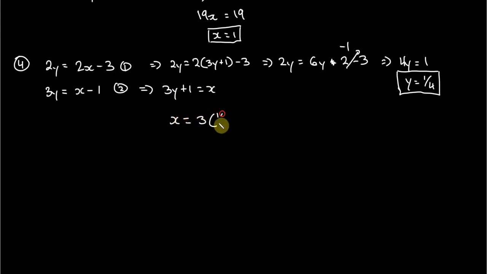Well, we know y is 1/4, and 3 times 1/4 is going to be 3/4, and if we add 1, that's going to be, well, that would be 4/4, so 7/4. So x equals 7/4.